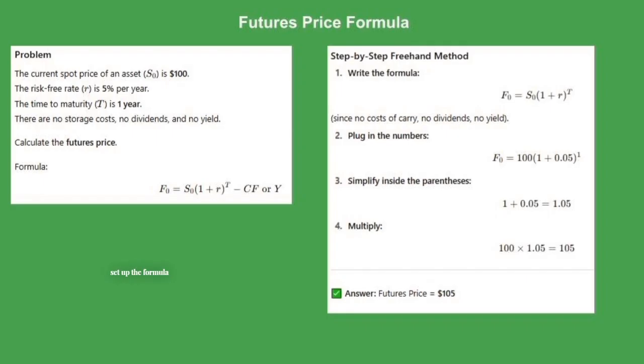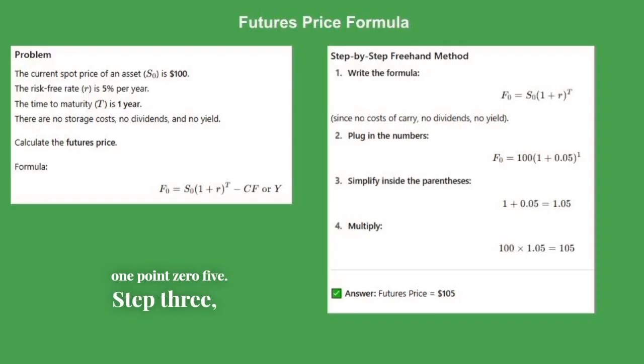Step 1, set up the formula with the numbers. Futures price equals 100 times 1 plus 0.05 to the power of 1. Step 2, simplify inside the parentheses. 1 plus 0.05 equals 1.05.